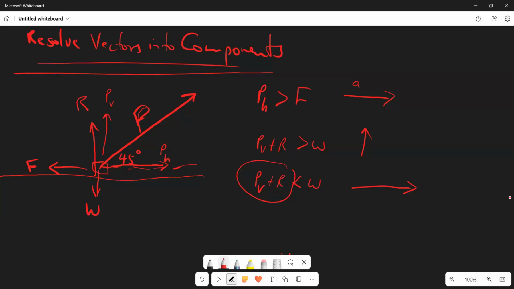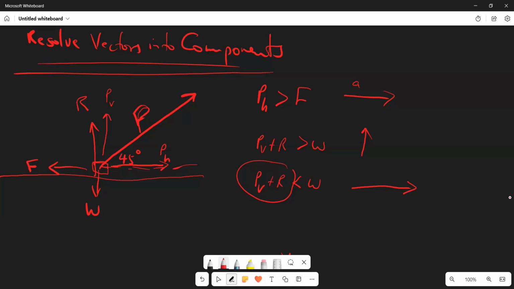But you note that the whole analysis of this problem depends on our taking P and breaking it up into its components. I'm not saying that you cannot analyze this problem with P being at an angle there. You can actually use the polygon law and find the resultant, and draw a conclusion.